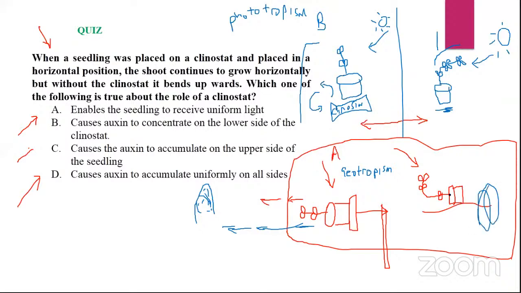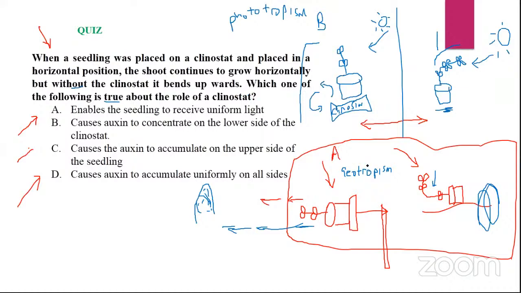It eventually begins growing upward and upward and upward. So this is what the question is saying: the shoot continues to grow horizontally, but without the clinostat, it bends upward. You can see here it's bending upward. So which one of the following is true about the role of the clinostat?